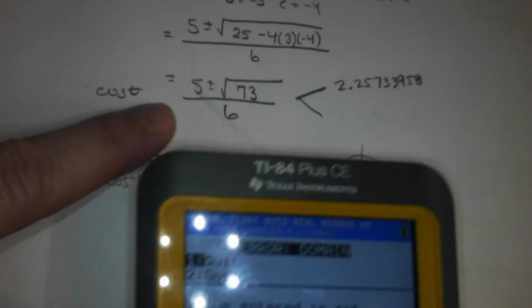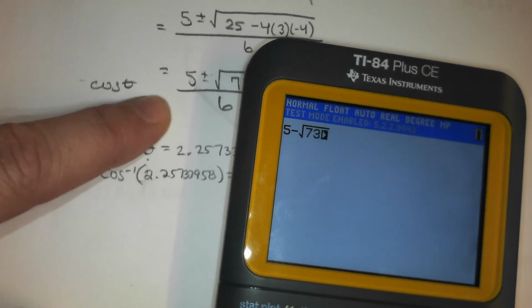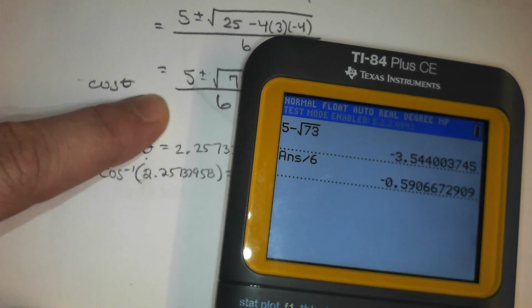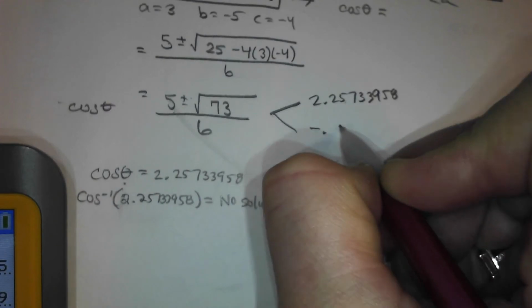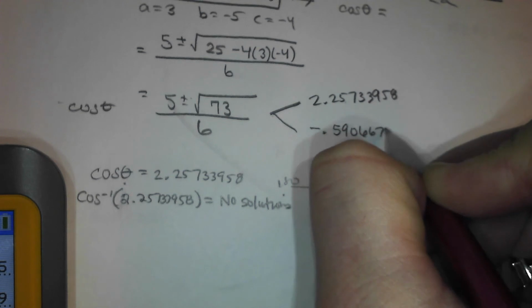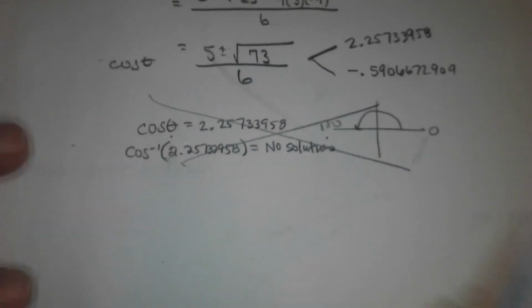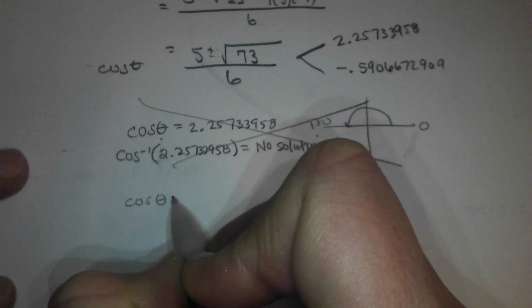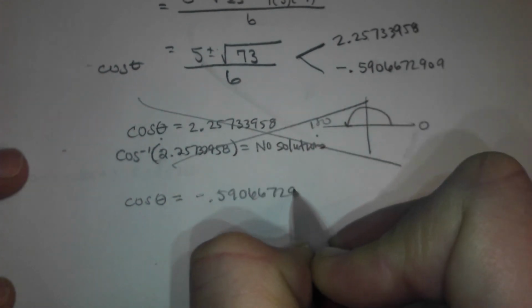And then I'm also going to do 5 minus the square root of 73 over 6, and that's negative 0.5906672909. So that was all a bust. It won't always be, but it was there. Cosine theta equals negative 0.5906672909.